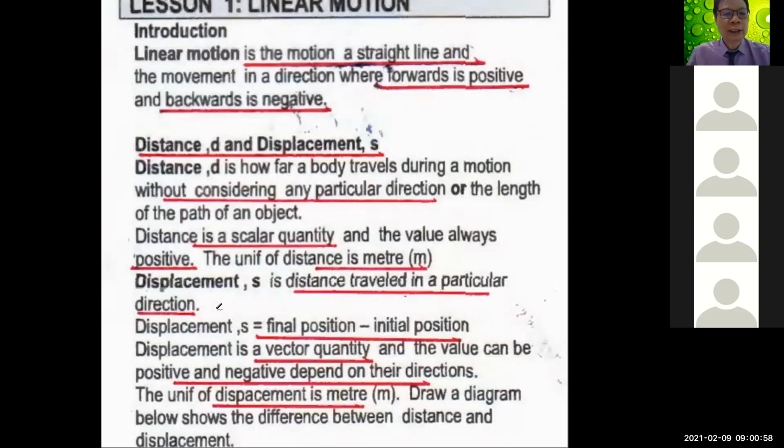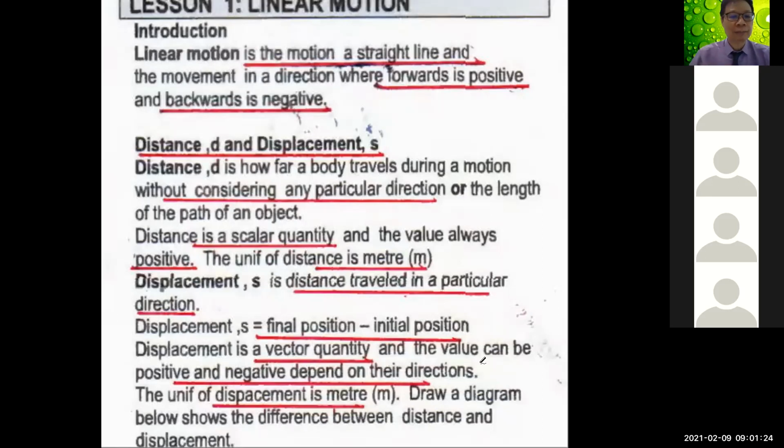So displacement is final position minus initial position. Displacement is a vector quantity because direction is taken into consideration. And the value can be positive or negative, depending on the direction. The moment we take direction into consideration, there will be positive and negative, like just now: forward positive, backward negative, up positive, down negative.